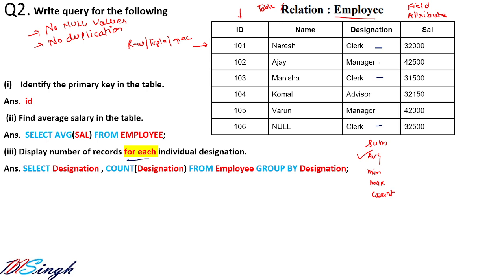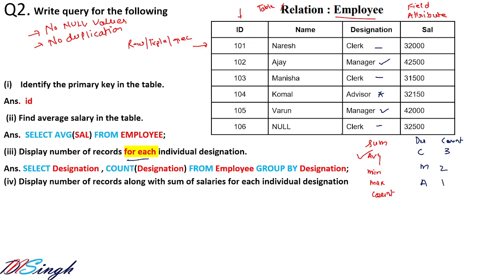Manager is coming 2 times. Advisor is coming 1 time. So these are the things that will be displayed: clerk, 3, manager, 2, and advisor, 1. So this is the output you are going to get, designation and count of designation.